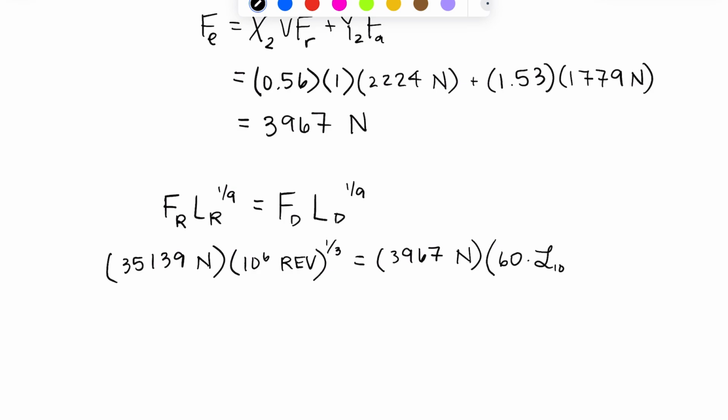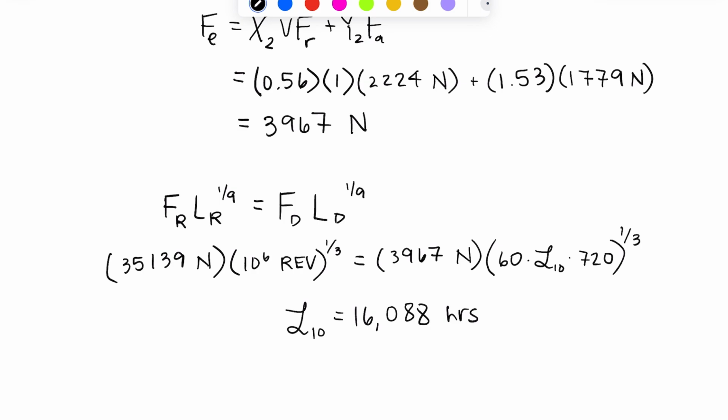We want our L10 life in hours, so I'm multiplying by 60 minutes per hour and by the speed of 720 RPM. And this is also to the 1/3 power. So we can solve for that L10 life just by doing a little bit of algebra. Okay, so when you do that, plug in those values, I just got 16,088 hours.